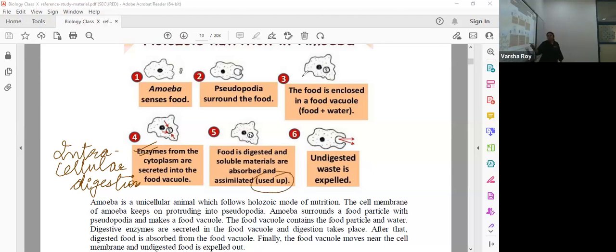It will be used up. The undigested waste is expelled out. The small food vacuole that remains, containing solid waste, comes to the plasma membrane and ruptures, and the waste is released. So like this, there are 6 steps of holozoic nutrition in amoeba.